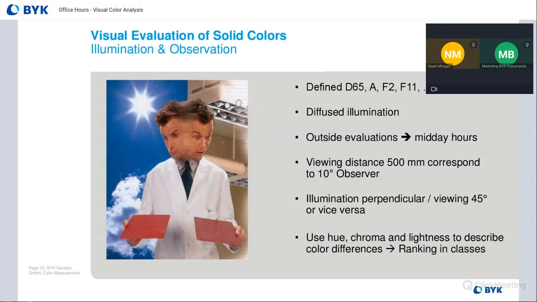And then lightness is pretty much like a z-axis. You could consider 0 being black and 100 being white. It's just a good way of describing different colors when you're talking to multiple people. It's a good rule of thumb to follow.